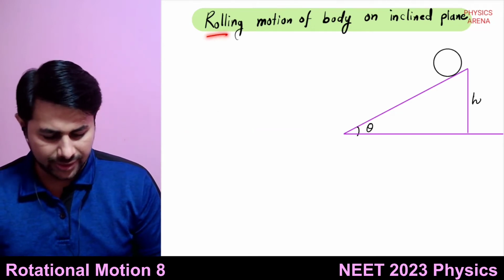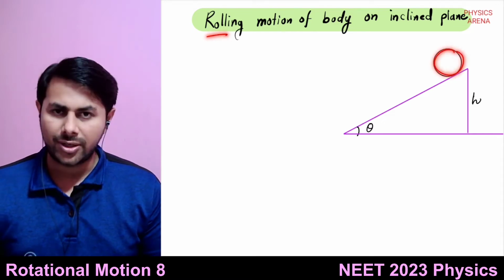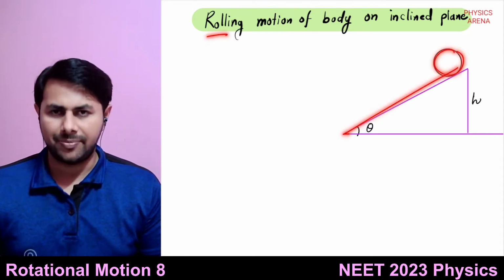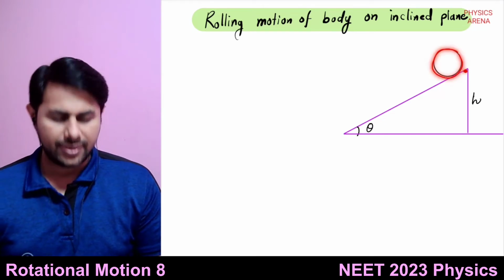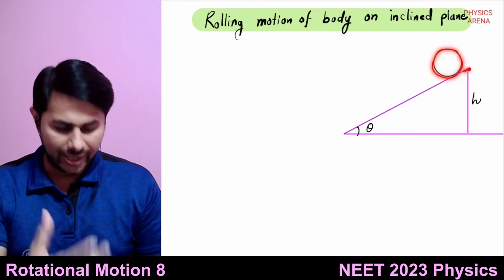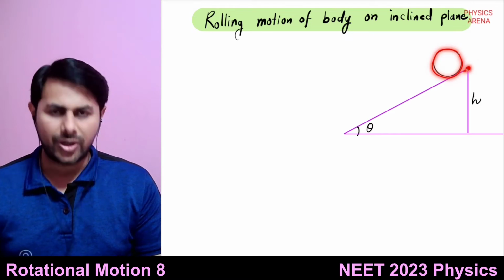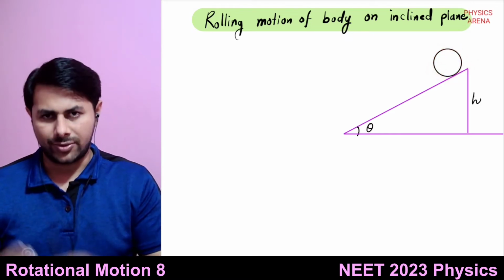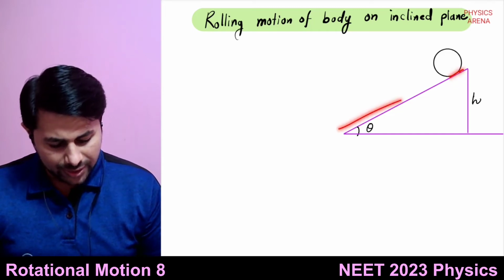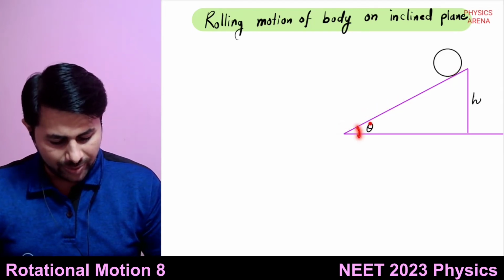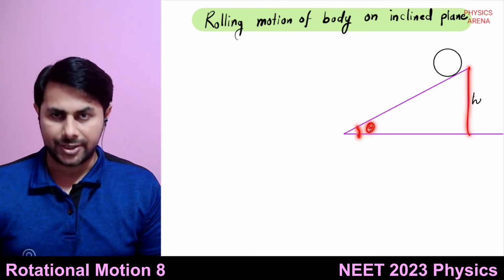So let's consider rolling motion of this body on this inclined plane. This body is released at the top of the plane, and suppose it rolls down without slipping on this inclined plane. The angle of inclination is theta, and this height is h.